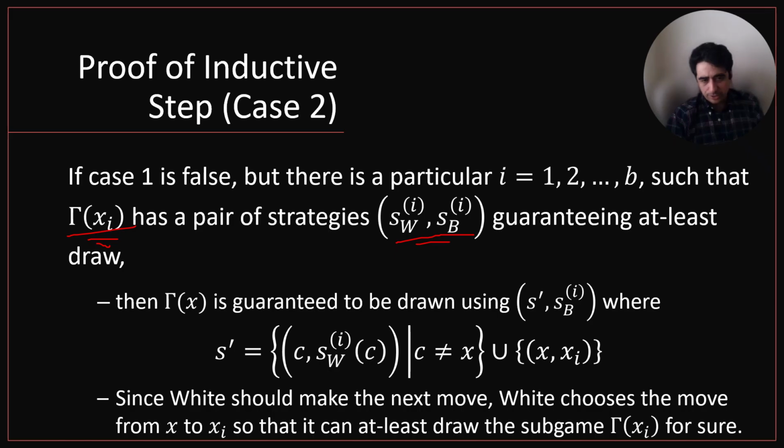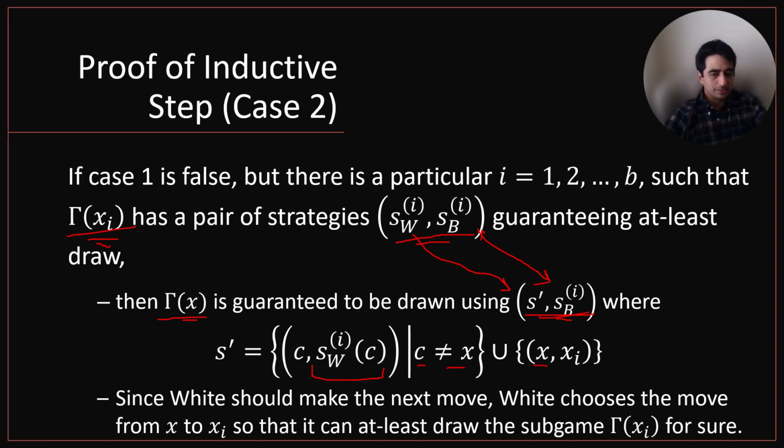In that situation, I can claim that the gamma of x, the subgame of x, is guaranteed to be drawn using this strategy, where the black uses the same strategy as xi, but white should change it a little bit. The white strategy should be the same strategy guaranteeing at least a draw in xi for every game state other than x.